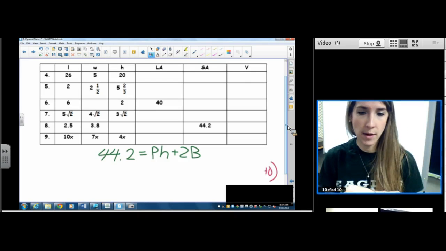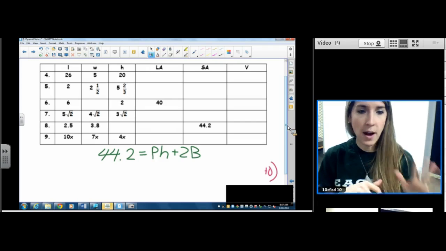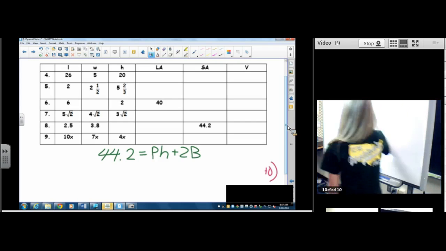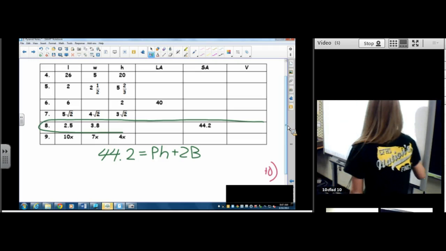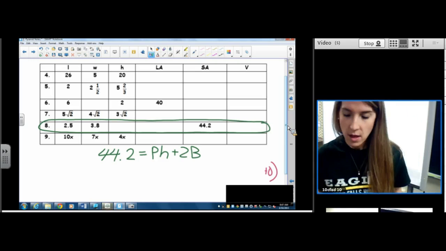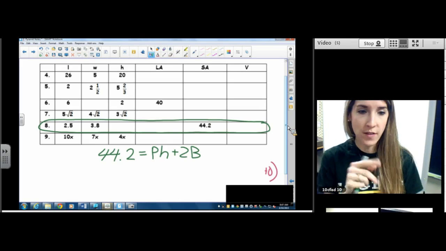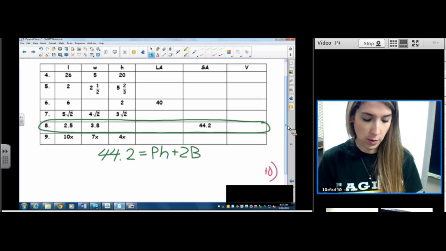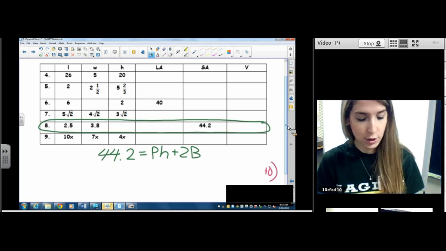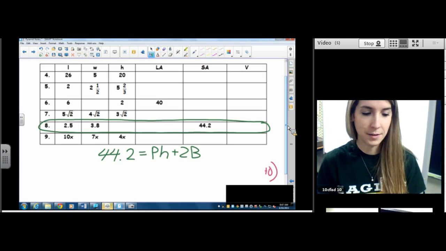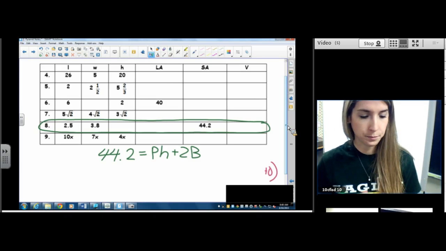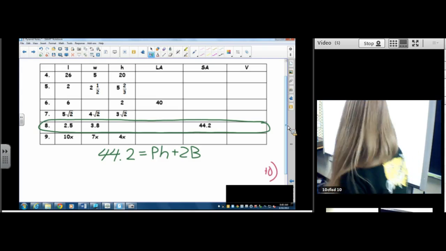Now we're going to plug in what we know. On number 8, do we know P? We totally know P, because if we have the sides of a rectangle, then we know the perimeter. So let's find P. 2 times 2.5 plus 2 times 3.8, 2L plus 2W. 12.6.